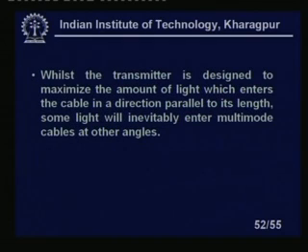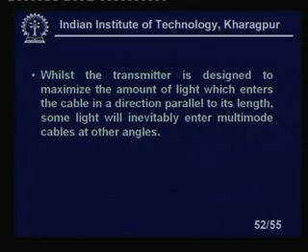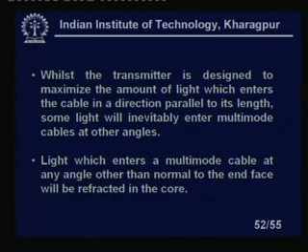Whilst the transmitter is designed to maximize the amount of light which enters the cable in a direction parallel to its length, some light will inevitably enter multimode cables at other angles, which is quite obvious, and it goes through total internal reflections and comes to the other end. Light which enters a multimode cable at any angle other than the normal to the end face will be refracted in the core.